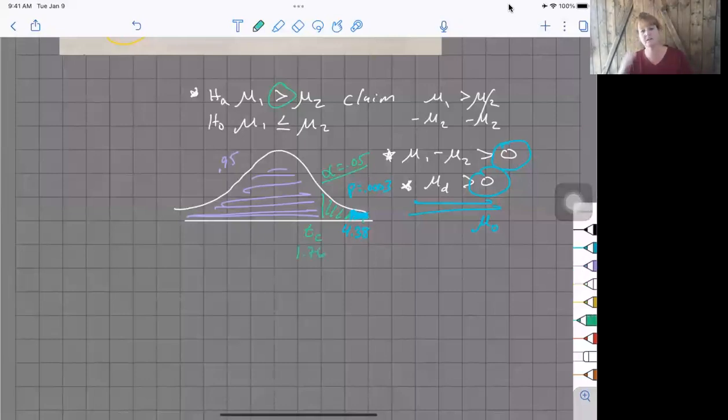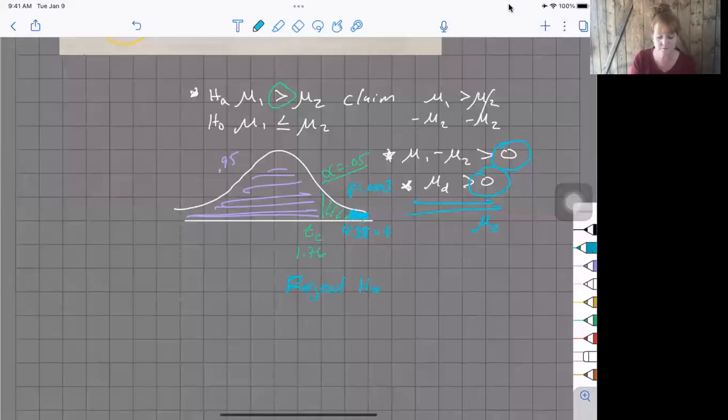So whether you're comparing the p-value and the alpha or the standardized test statistic, which we usually just call T, or T critical, the sample is way in the tail. So that means that we are going to reject H naught.